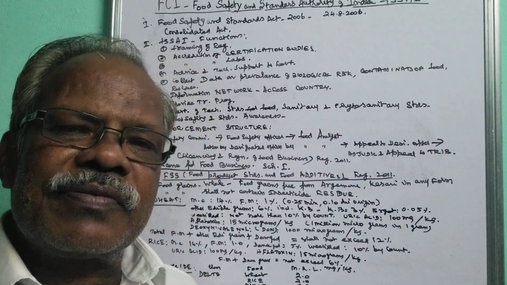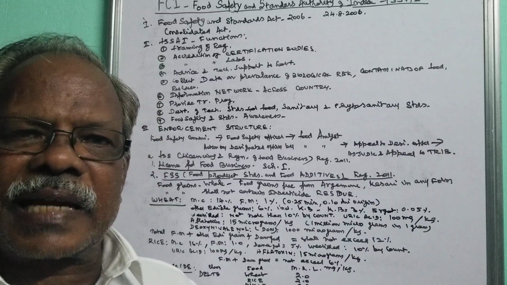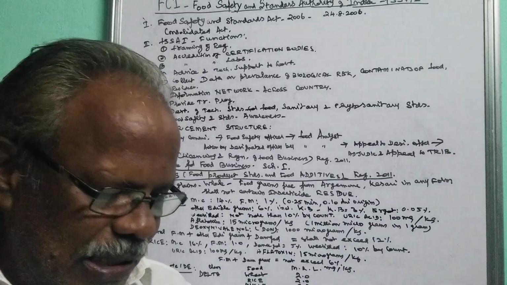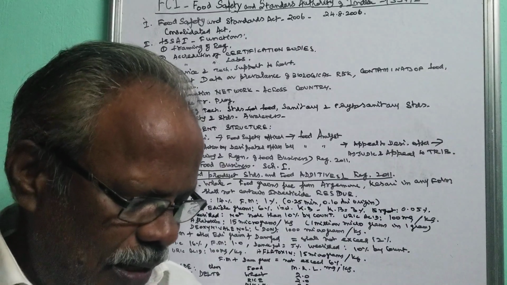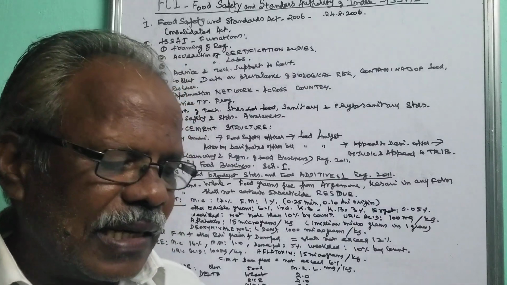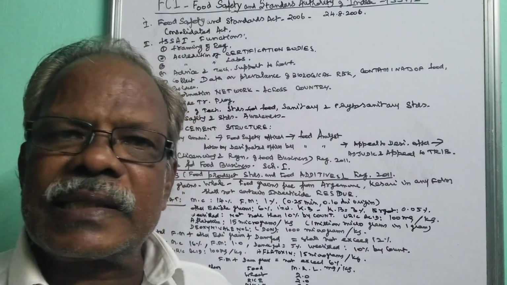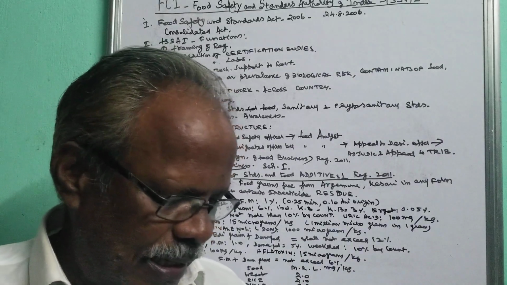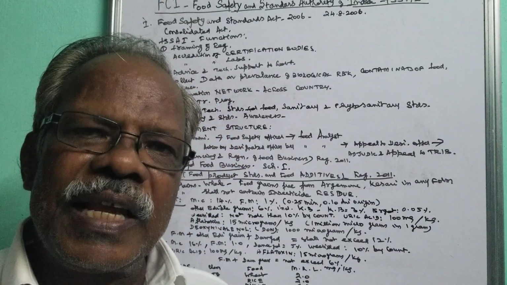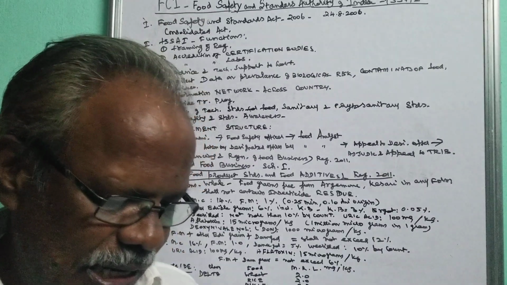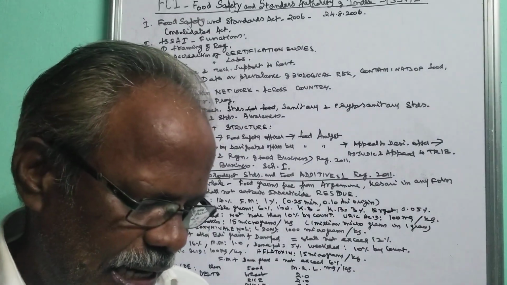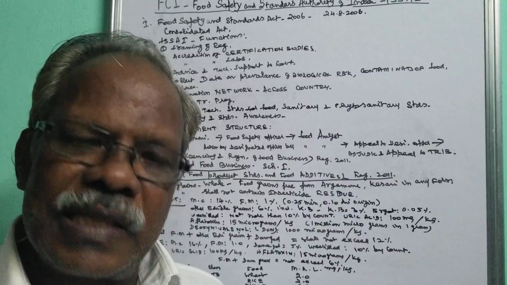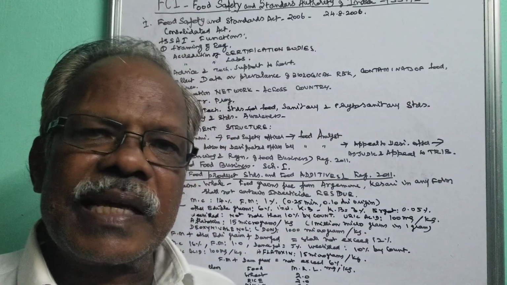These have now been brought into the Food Safety Act with rules and regulations, and this is under the control of the Ministry of Health and Family Welfare, Government of India, which is the administrative ministry for the implementation of FSSAI.